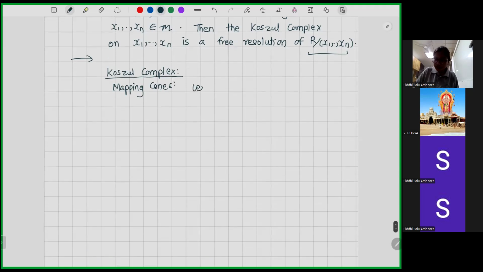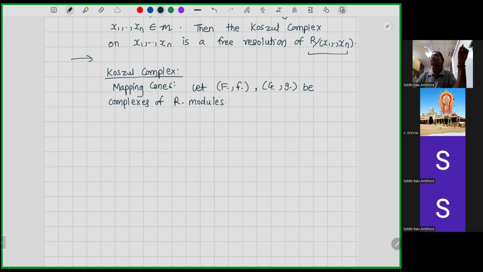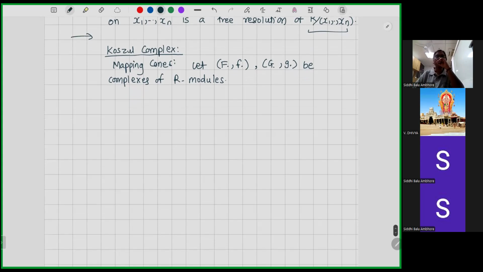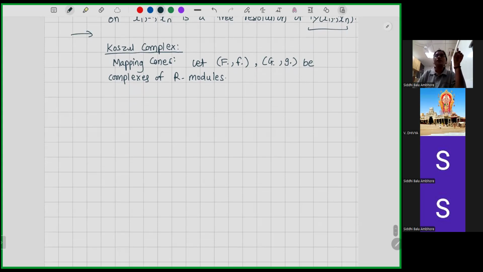Let F dot, small f dot and G dot, small g dot be complexes of R modules. So what does this imply? That the capital Fi and Gi are these free modules, and small f and small g denote the maps. Okay, and these are all complexes. Let me write what this implies.